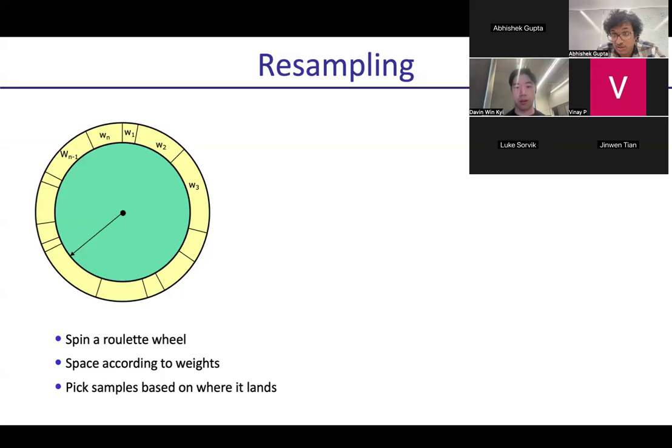If you spun it three times and it landed on W3, W5, W2, your set is W3, W5, W2. The more weight a particle has, the more of the circumference it occupies, so the higher its likelihood of being resampled.